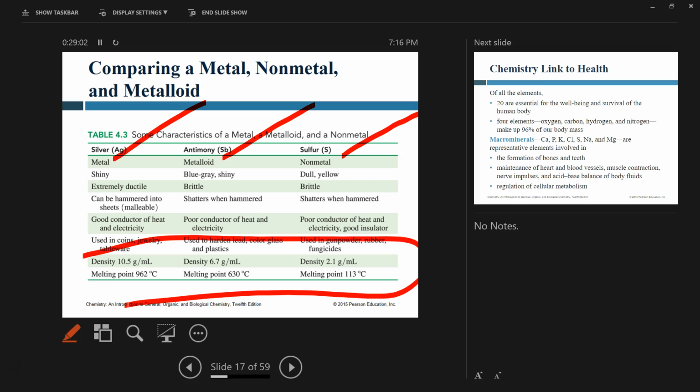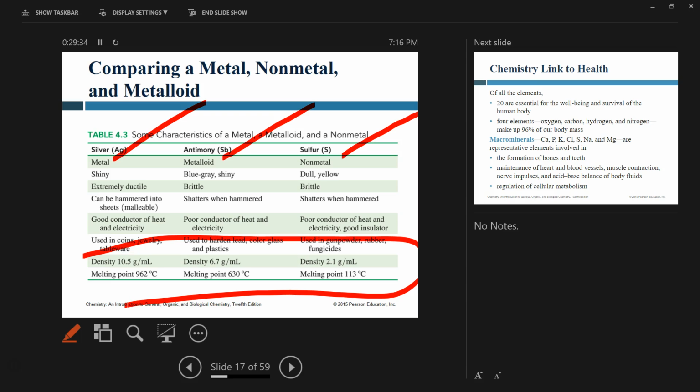By the way, in terms of melting points, generally speaking, metals have higher melting points than non-metals. So chromium, cadmium, cobalt, nickel, molybdenum, sodium, potassium, they have hundreds of degrees Celsius melting points. A bunch of non-metals are gases, so they have really low melting points. Am I clear?